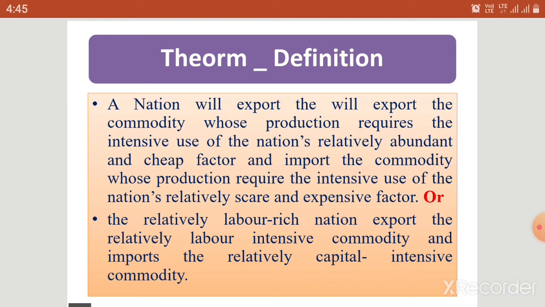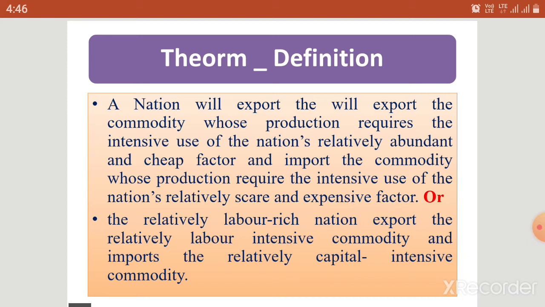The good produced with the help of capital, machineries and technology is known as a capital intensive good. So the technique of production depends upon the availability of the factors of production according to this theory.